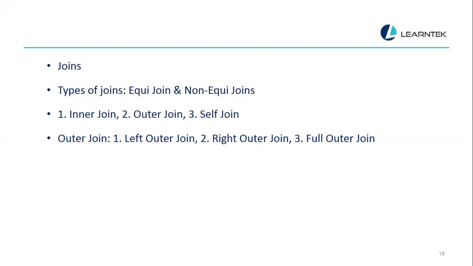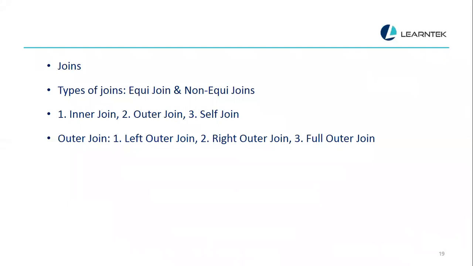So those two tables should have a common column between them. That is the first rule. The second rule is that we perform a join based on a common data type in both the tables. So the data type should also be the same in both the tables.